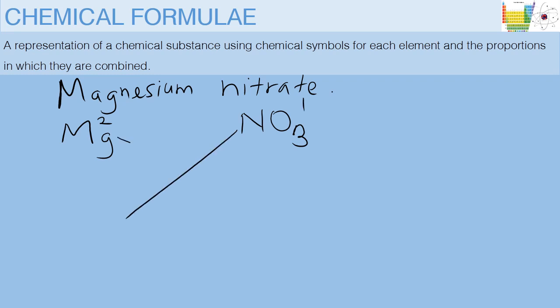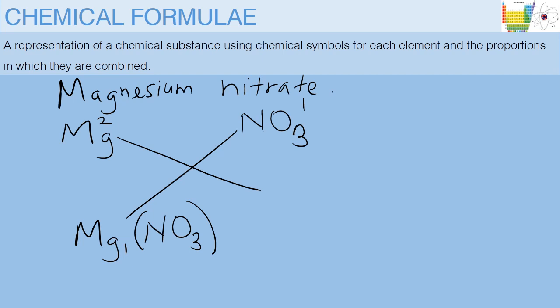We cross and drop the valencies and we will have magnesium 1. We introduce the brackets because the nitrate is a radical. It exists and reacts as a unit. NO3, close the bracket, and we'll have 2. Since once again we do not represent 1, we ignore it and have our final formula as magnesium nitrate.